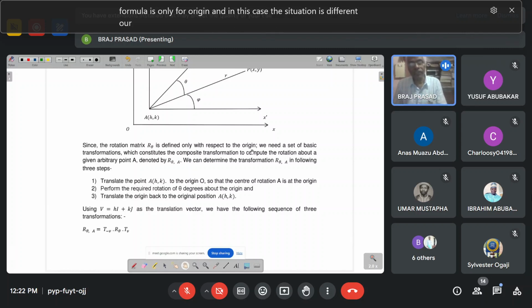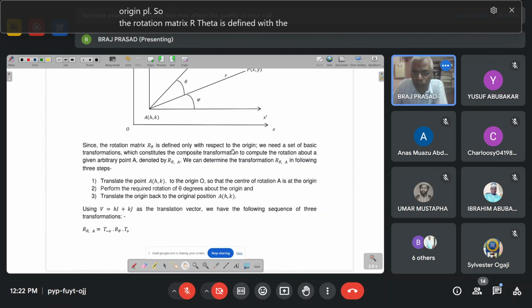Our origin is at some other point. So first we will shift or translate the whole system to the origin place. So the rotation matrix R theta is defined with respect to the origin.